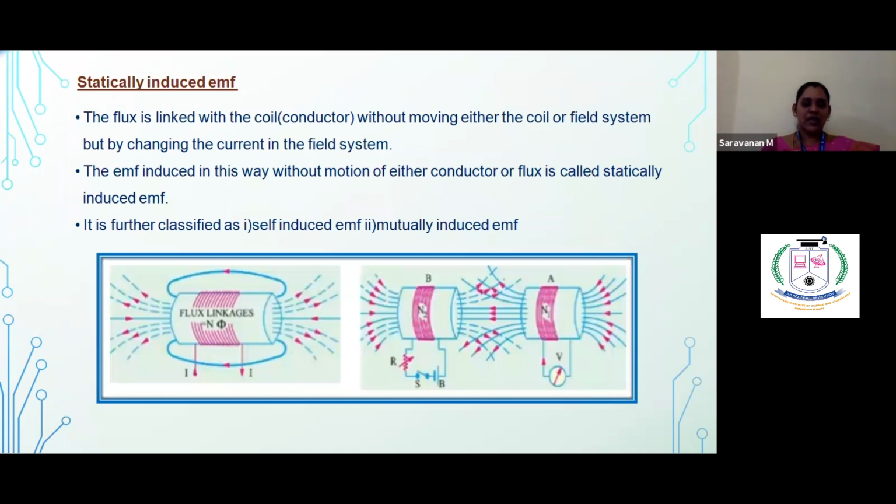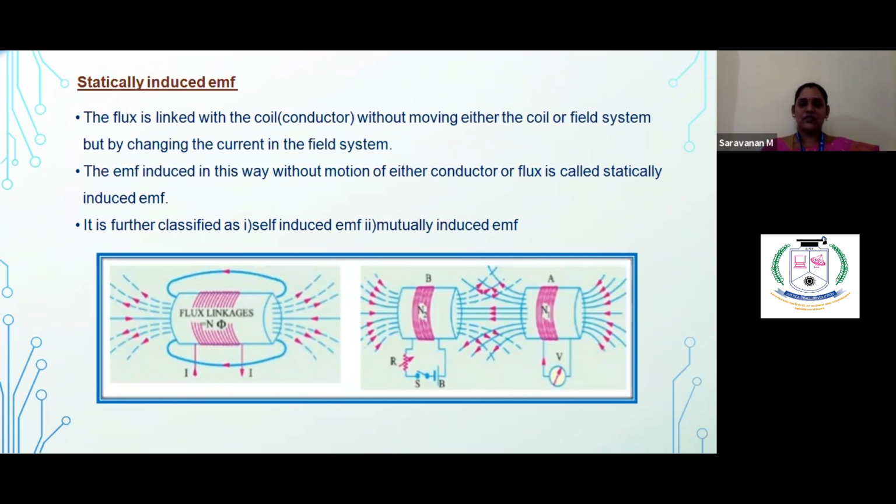Now if the current I is applied, what happens? I will be having the magnetic flux linked with the coil. That is what is given in Faraday's first law. Whenever the magnetic flux linking with the coil is changing, the EMF is going to be induced. And this EMF, you call it what?